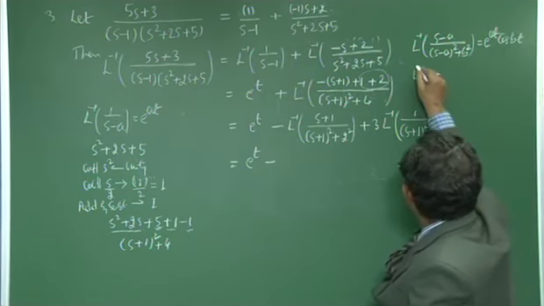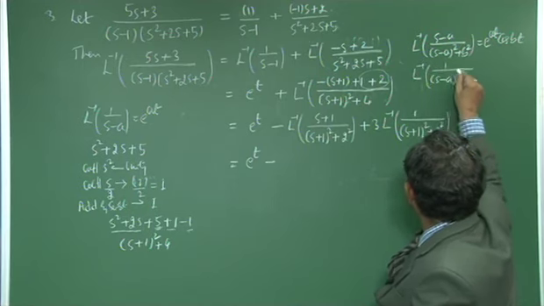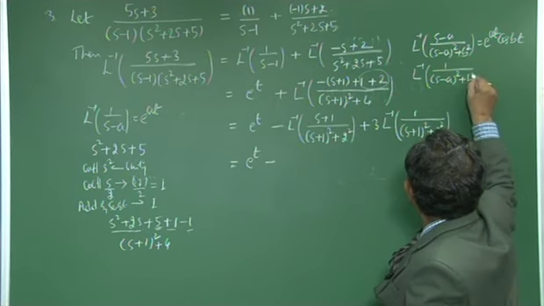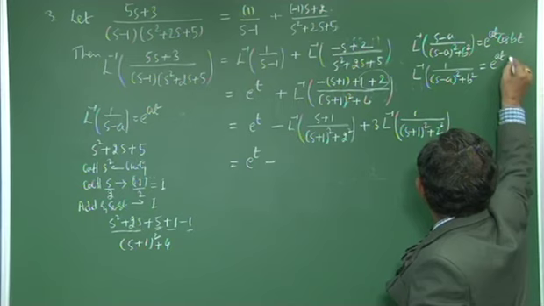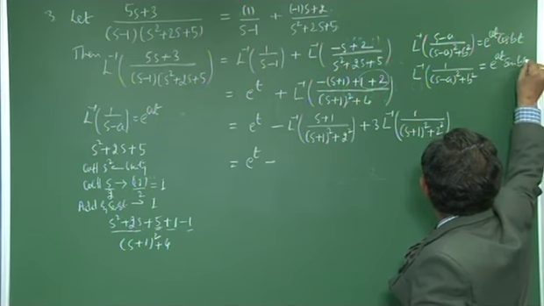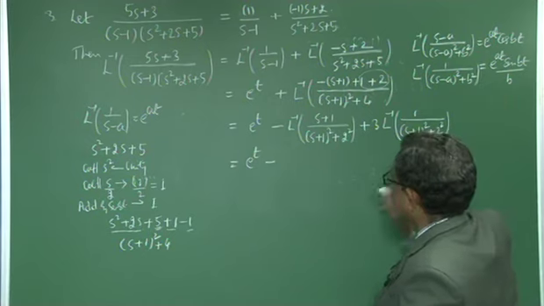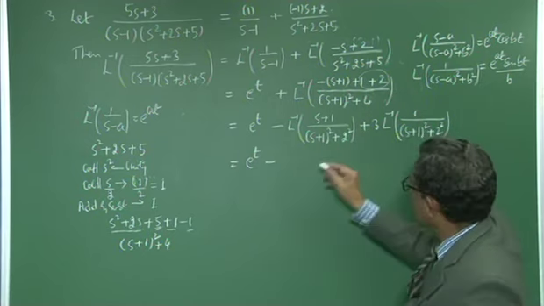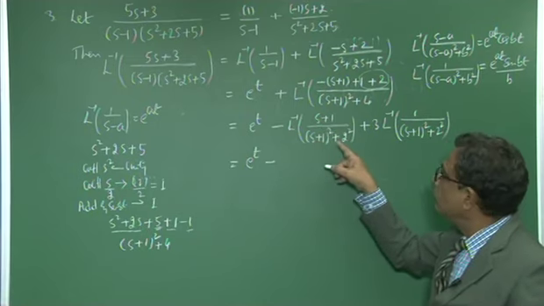Then another standard one, L inverse of 1 divided by s minus a whole square plus b square, it is e raised to at sin bt divided by b.